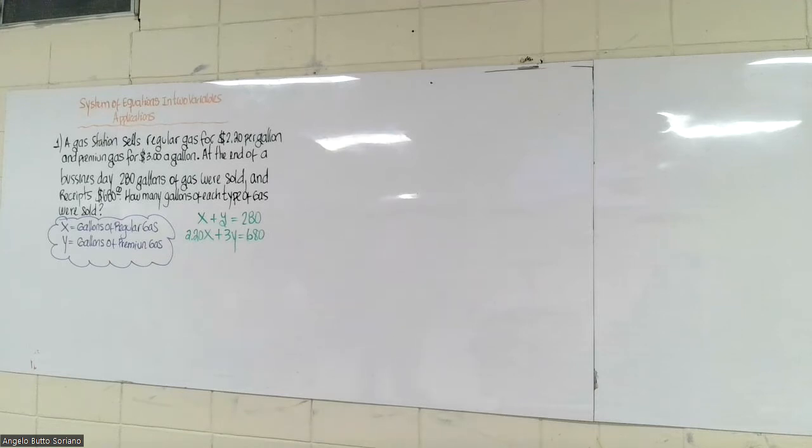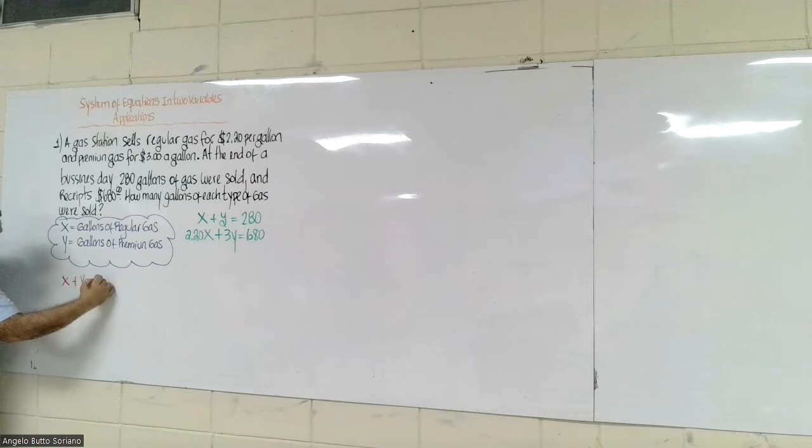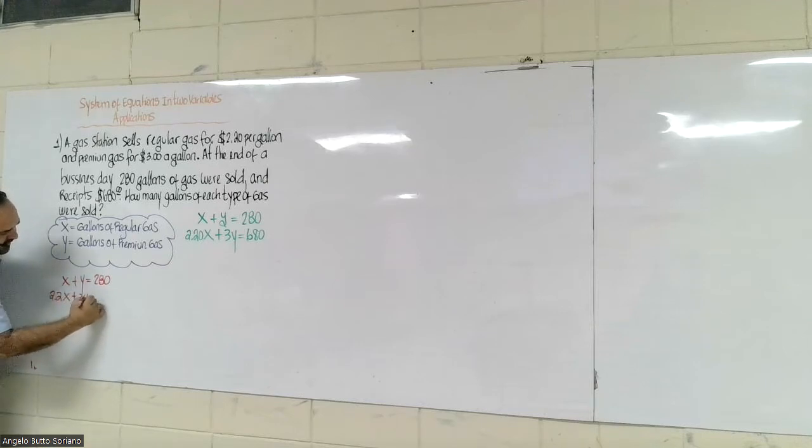We copy the two equations: x plus y equals 280, and 2.20x plus 3y equals 680.